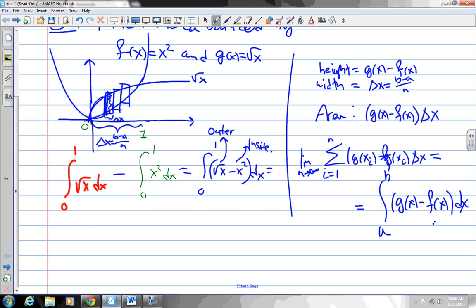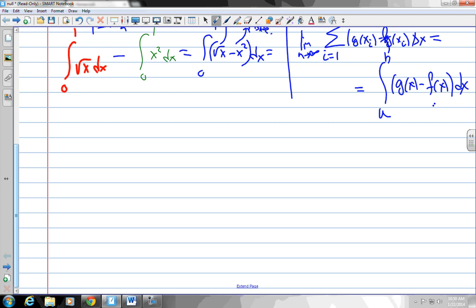So now the rest is very technical, just computing that integral. It's from 0 to 1, x to the 1/2 minus x squared dx. That's what makes it easy. You should be very happy with the way this problem is going right now.